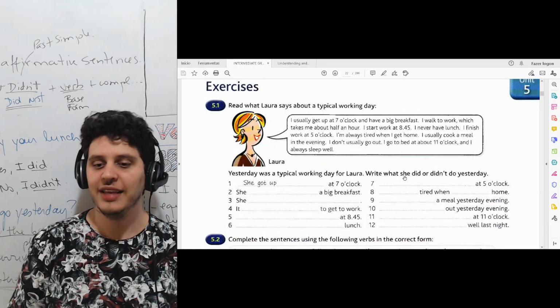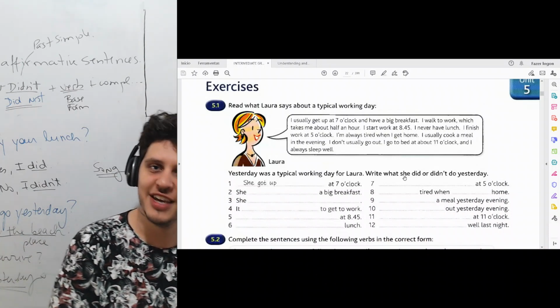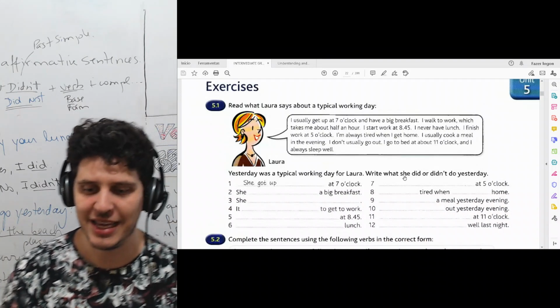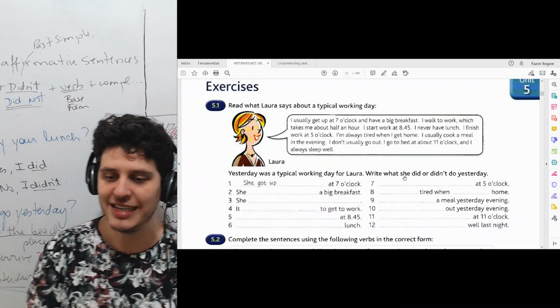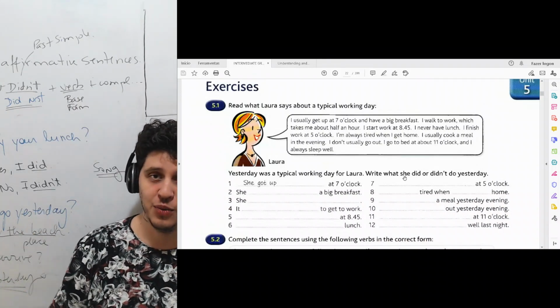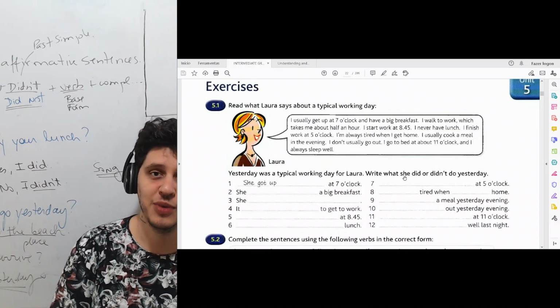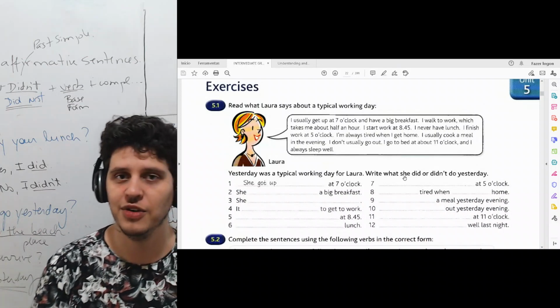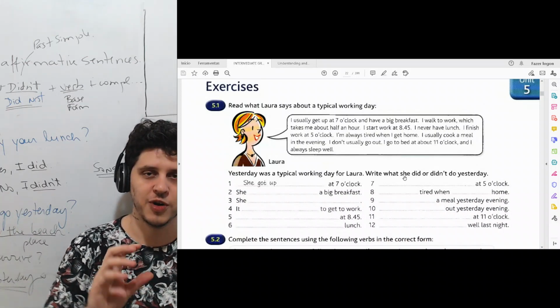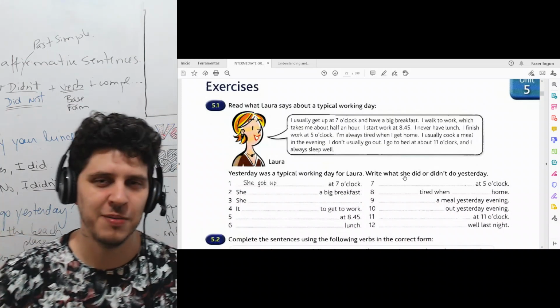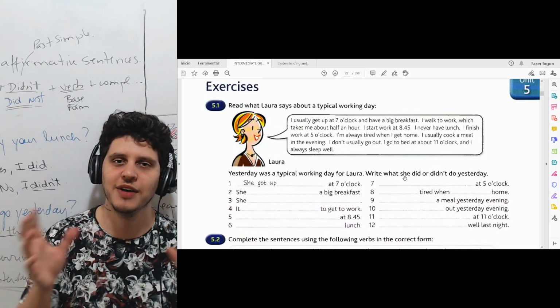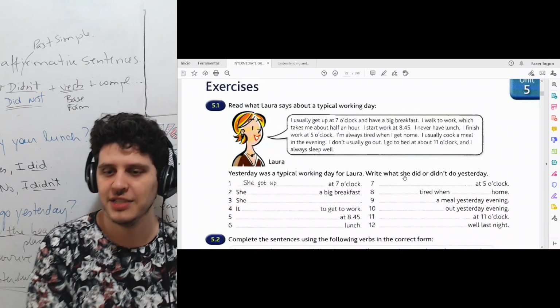So number 11, at 11 o'clock yesterday she went to bed. Number 12, well, last night. She says she sleeps well every night. So yesterday she slept well. Okay, this is just to check if you really know how to transform something that is a routine or a permanent situation in the present into a factual action in the past that is over now.